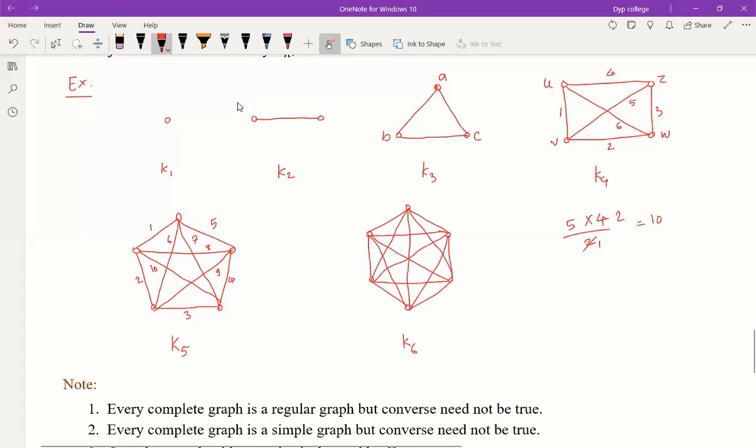अभी इसमें कितने देखो? K6 में according to the formula, how many number of edges should be there in K6? 6 into 5, that means 6 minus 1 divided by 2. So 2 1 are 2, 2 3 are 6, and 5 3 are 15. So there should be 15 edges in the K6. K6 में 15 edges होने चाहिए.